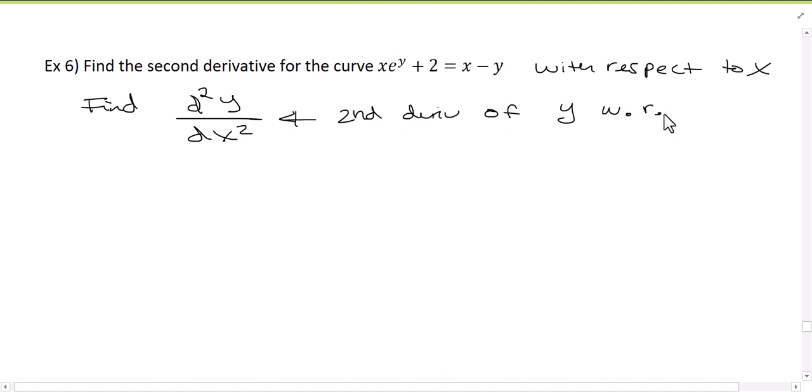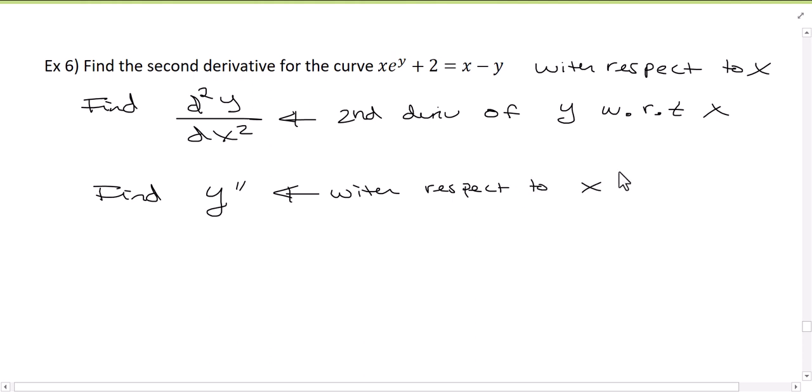So with respect to x, I'm going to abbreviate it like that, or you may also see it as find y double prime. But if you see this, somewhere in the problem it should say also with respect to x. So that's what I abbreviate with respect to x that way.